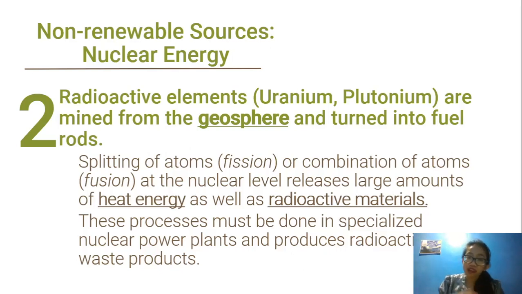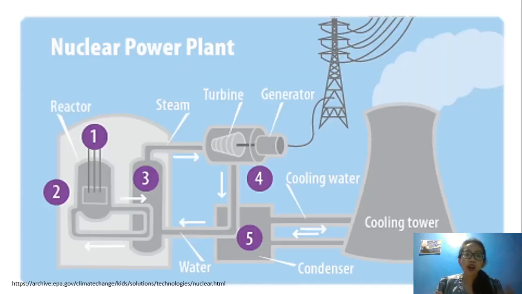But if you can control the amount of heat the fission or fusion produces, as well as the radioactivity it produces, then you will have a very stable source of energy. So again, these processes must be done in specialized power plants, and then we also have to isolate the radioactive waste products. So how do we do this?